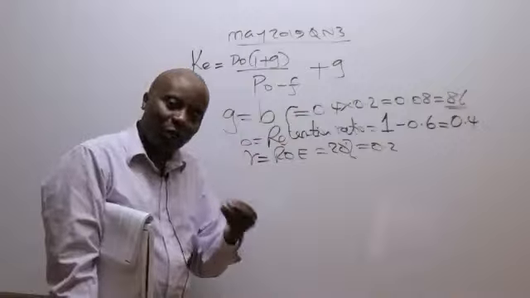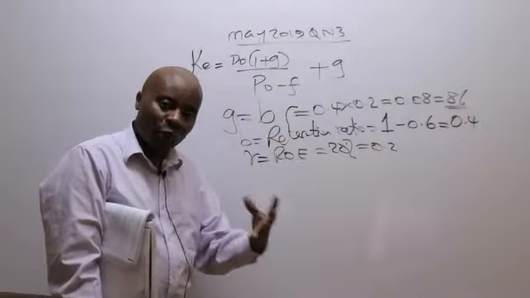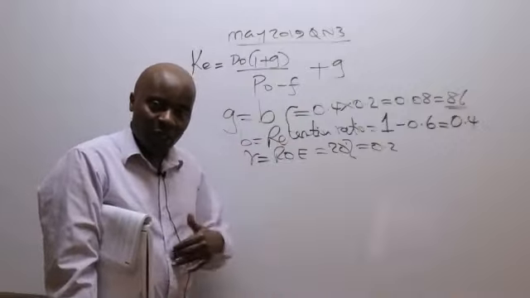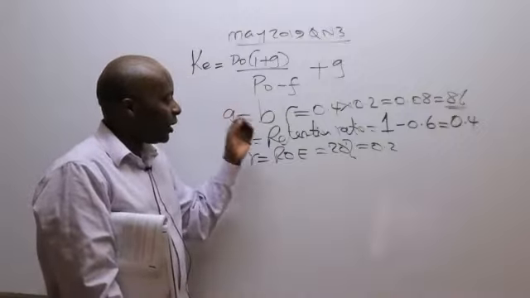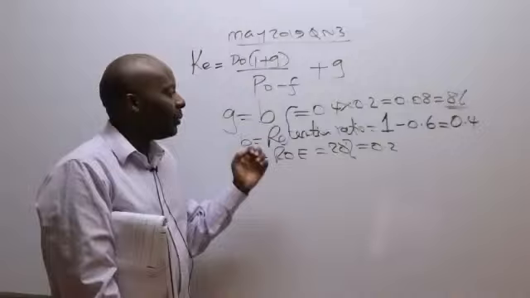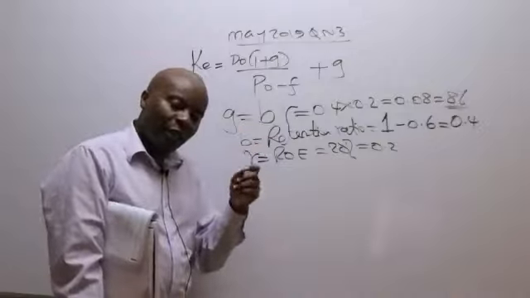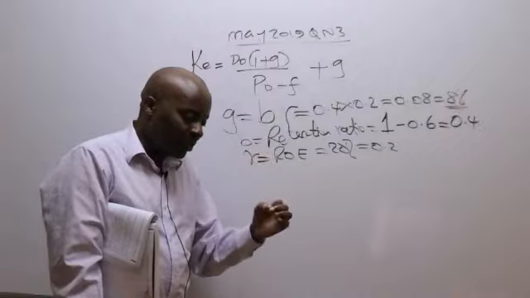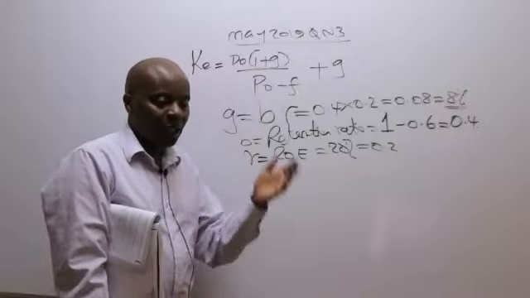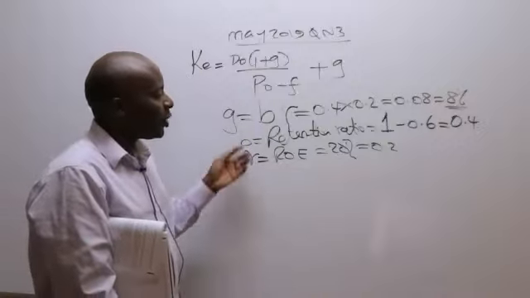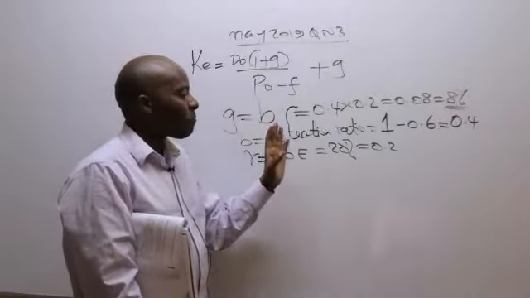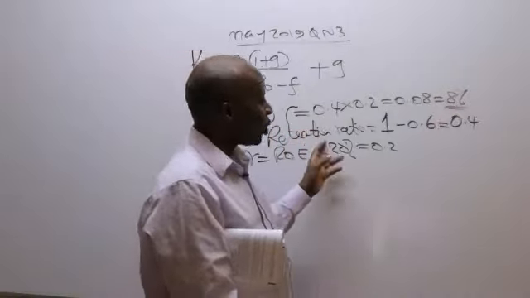Out of your salary, how much are you able to retain to go into your investments? Or does everything you get go to the stomach? No. So our g should be equal to the retention ratio multiplied by the return on equity, the return from the investments where we shall put the retained money.